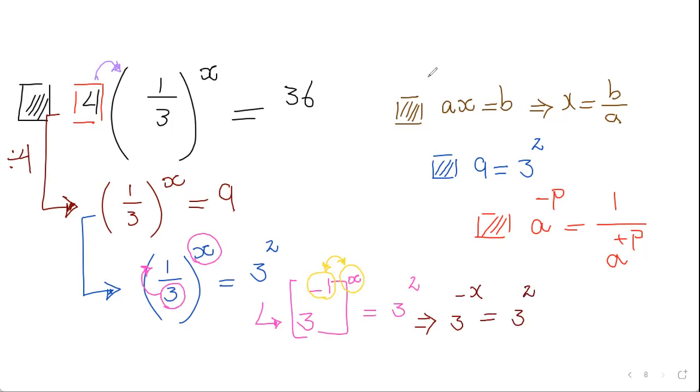Quite a relief. The bases are the same, so the exponents can be equal to each other. It means -x should be equal to 2. Then you can conclude that x itself is -2. And that's the solution.